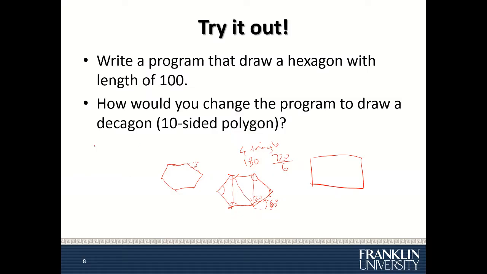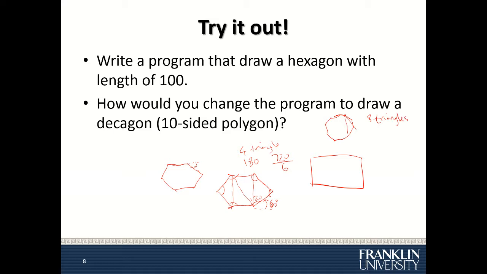What about a decagon, a 10-sided polygon? If you have a 10-sided polygon, again, you need to look at how many degrees. So 1, 2, 3, 4, 5, 6, 7, 8, 9, 10. How many triangles can I draw from this 10-sided polygon? If I have 6 sides, it's 4 triangles. For the 10-sided, that means 8 triangles.